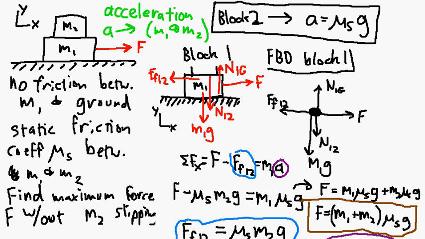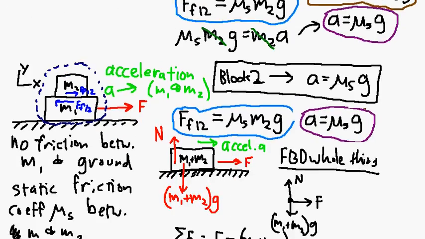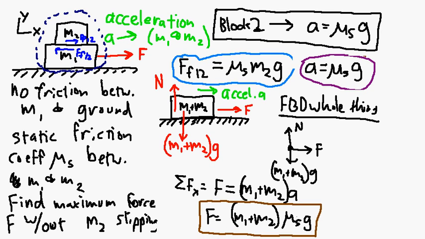Or we also found that we could analyze block 1 and block 2 together as one system, and that plus our result from block 2, because we still had this from block 2. Remember, that was what came in useful. So when we took our result from block 2 and our result from analyzing both of them together, then we could solve for F.